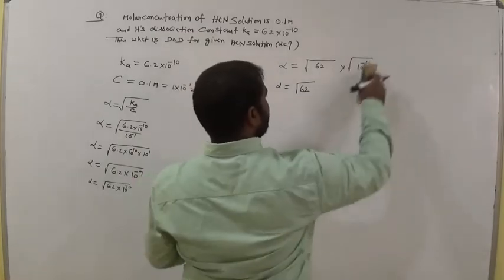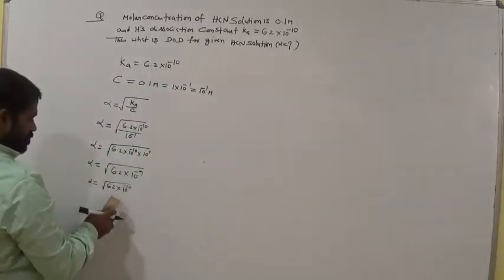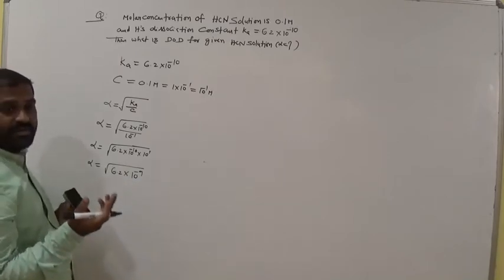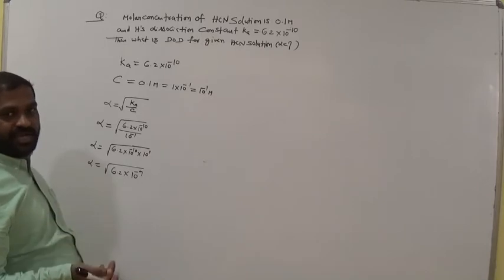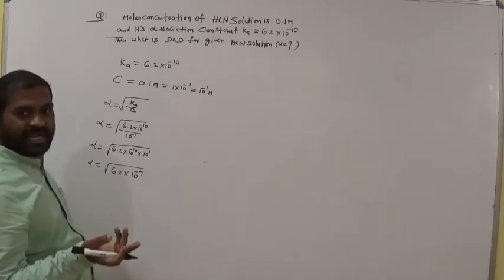Just for simplification purposes, directly we have root 62, and it is difficult to calculate.